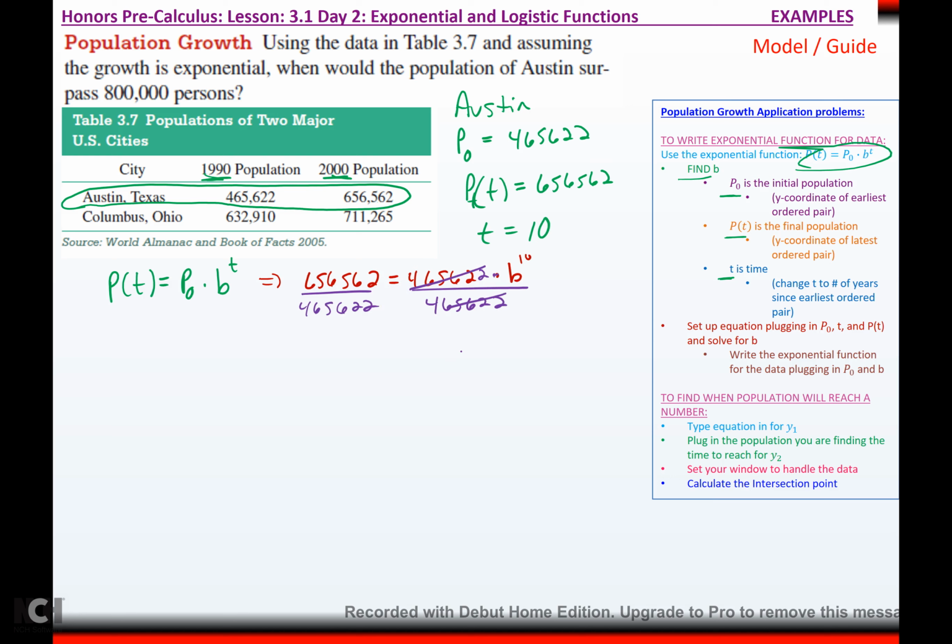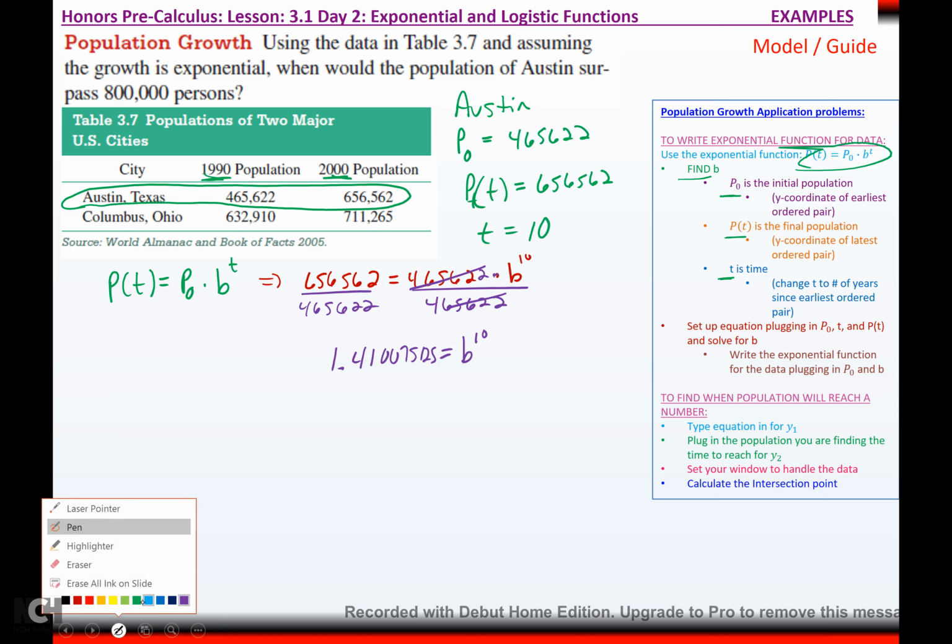And that gives me B to the 10th equals 656,562 divided by 465,622, I get 1.410075125. And how you round is up to you. The longer you wait to round, the more accurate your answer will be.